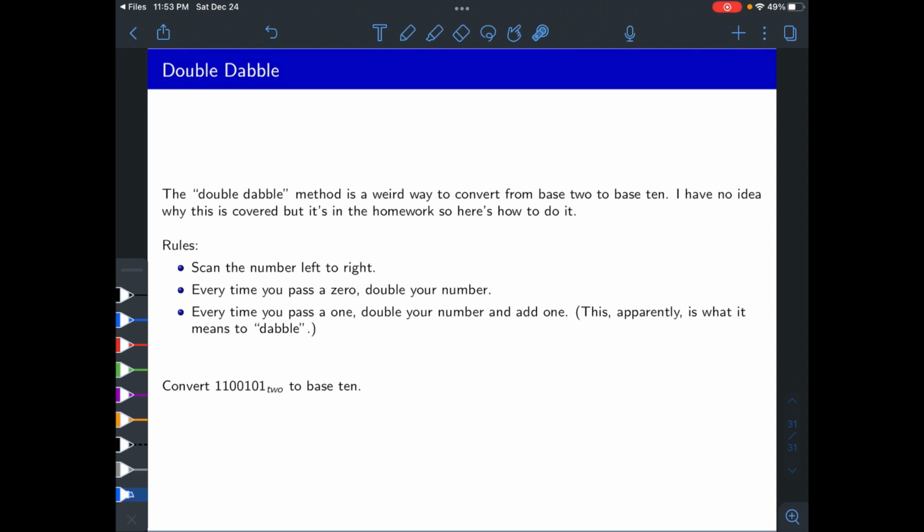Okay. So if we wanted to convert 1100101 base 2 into base 10, you could just use place value. This is the 1's place, 2's place, 4's place, 8, 16, 32, 64, and add things all up that way.